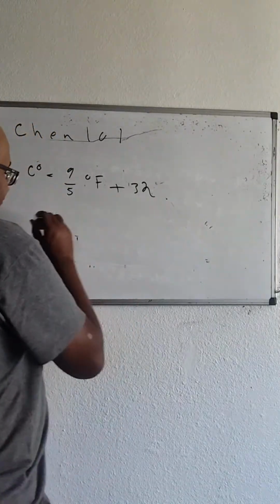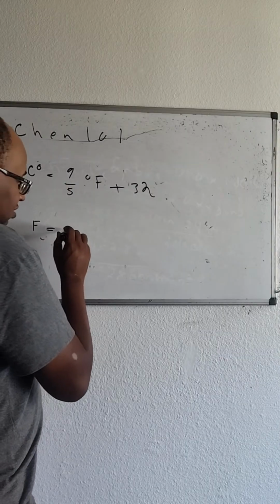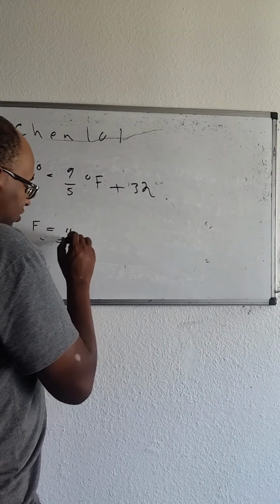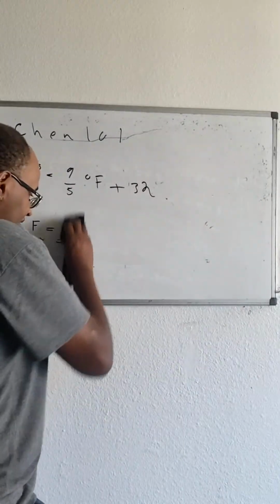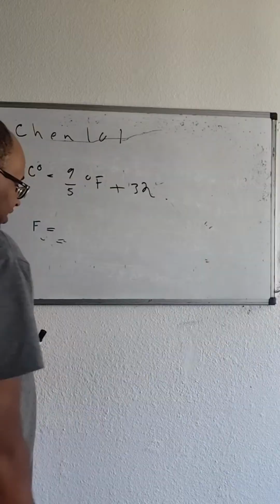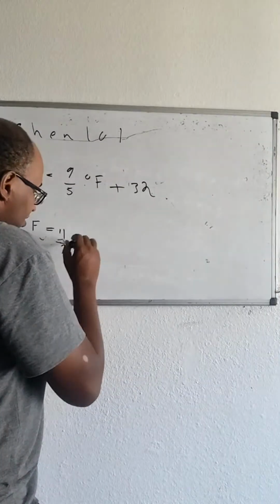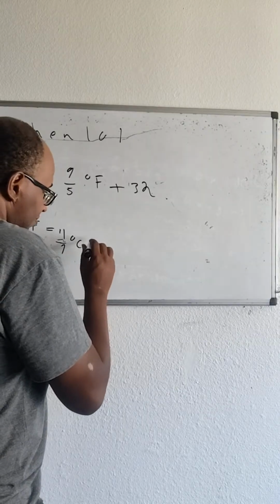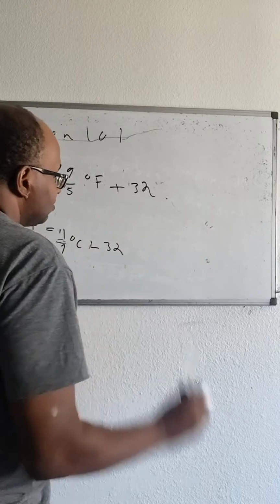Now if you want to convert to Fahrenheit, you want to do 4/9. No, actually not 4, 5/9. Right? So we'll do 5/9 degrees Celsius, I think minus 32.